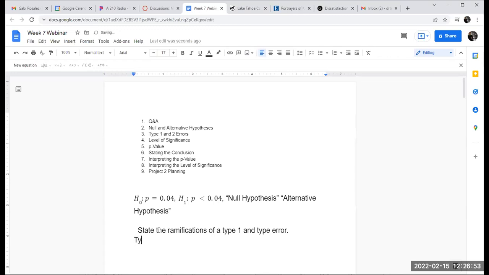So type 1 error means the following. That means we end up rejecting the null hypothesis when the null hypothesis is true.